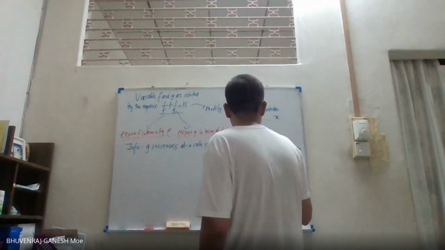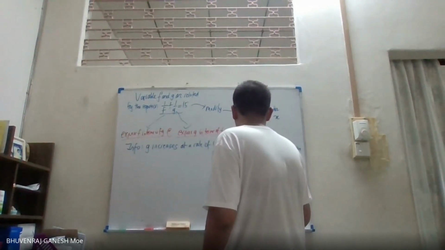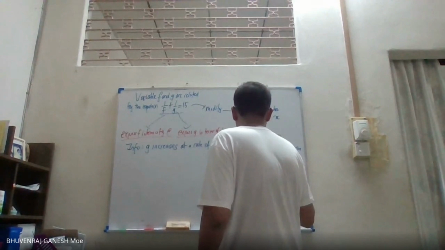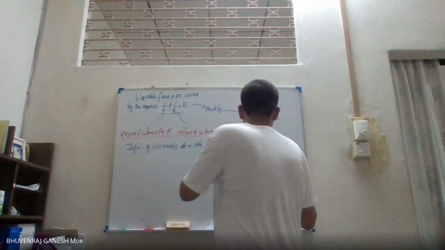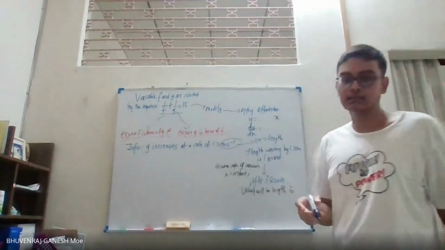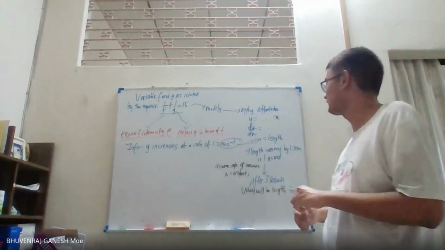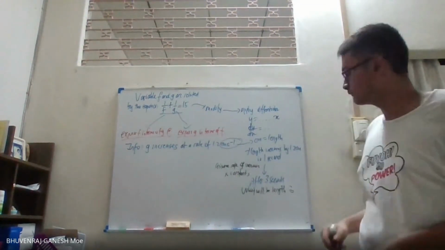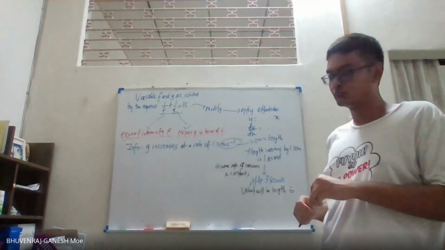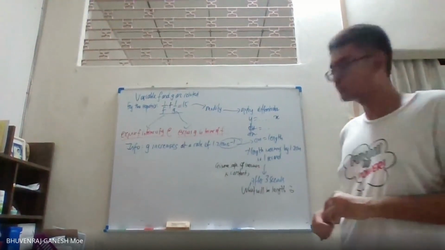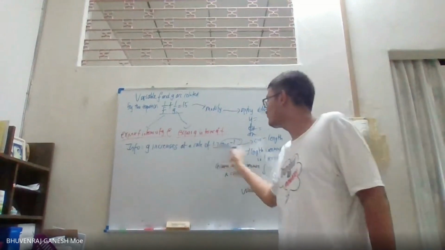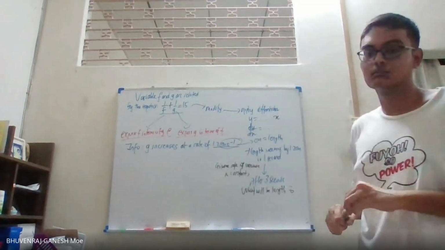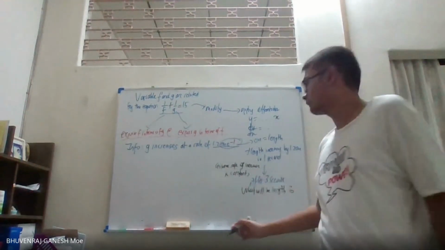So what will be the length after 3 seconds based on the value they gave here? 1.2 cm in 1 second. So 3 seconds will be what? What's the length? Ratios and proportions. Based on 1.2 cm per second, what will be the value of the length?